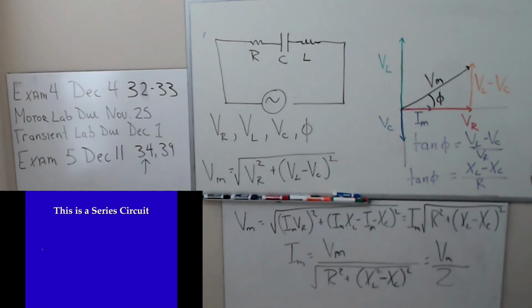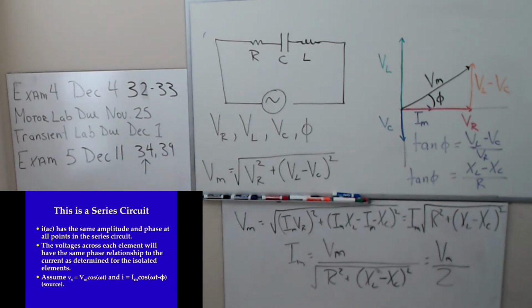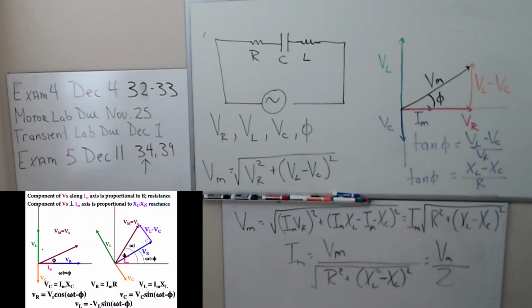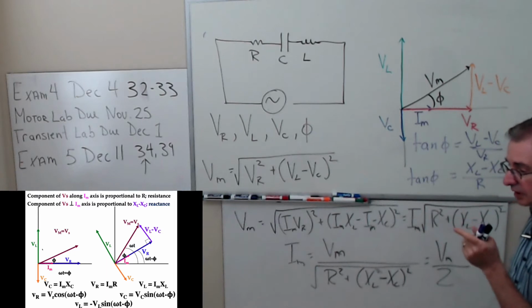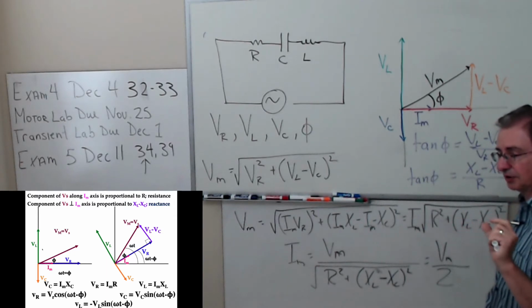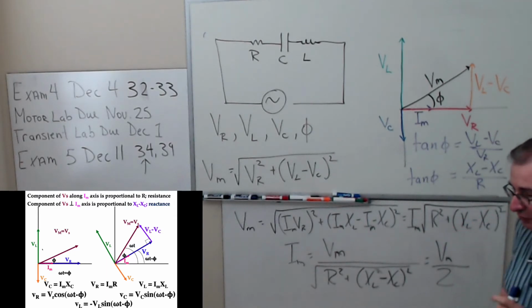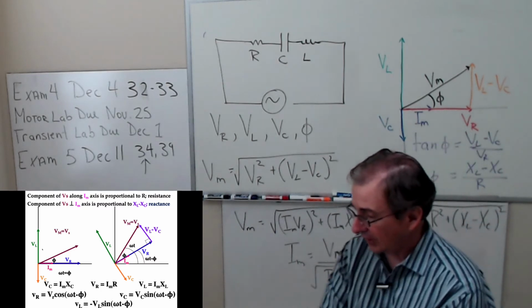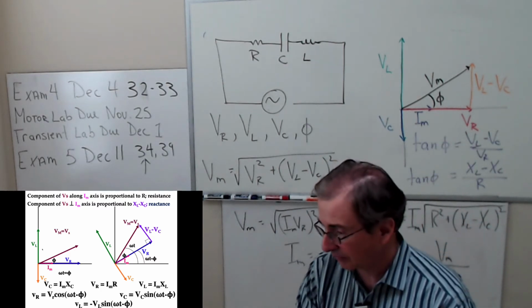Okay, so let me go to the drawing that I have in the notes. I've drawn the phasor diagram at two different angles. But the first one that I draw is the one that helps me get all the information I need.